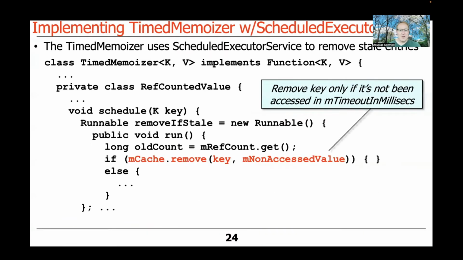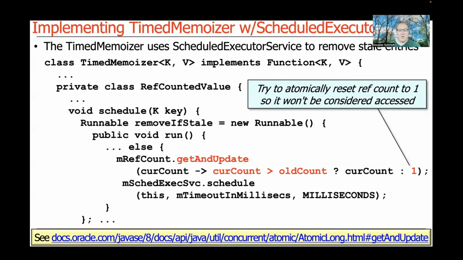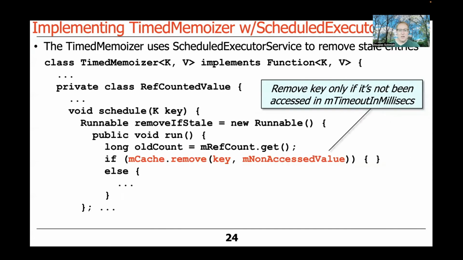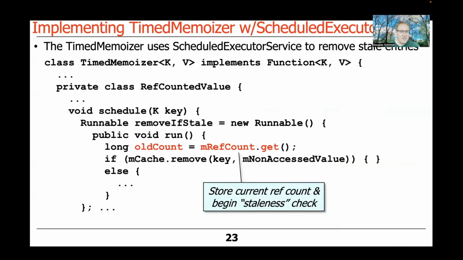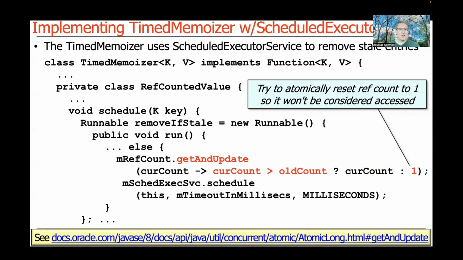And if you come back up here, you can see we have old count up there. So if the current count of the ref count is greater than the old count, we make it the current count, because that means between the point where we read the value and the point where we're setting the value, somebody's come in concurrently and accessed that key value pair. And so the count has gone up. So this again is really subtle, clever use of atomics in Java in order to make sure we get the right count for this thing.